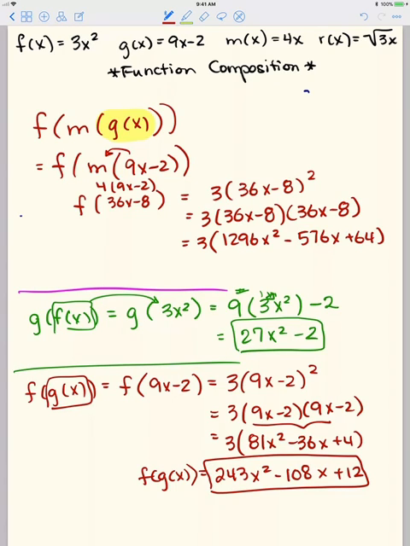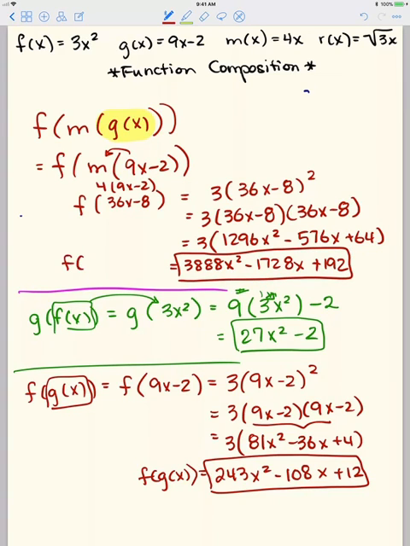Distribute the 3 all the way through. You get that that's 3,888x squared minus 1,728x, and then plus 192. And that is your final simplified expanded answer for f of m of g of x.